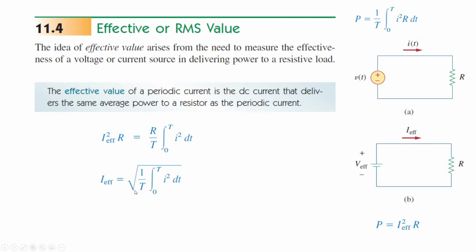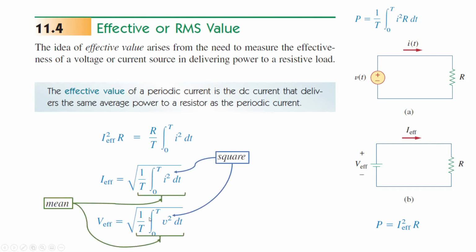And once we have the mean of the squared AC current, we take its square root. So this is how we calculate the effective value of the AC current. We can also find a similar expression for the effective value of the AC voltage.